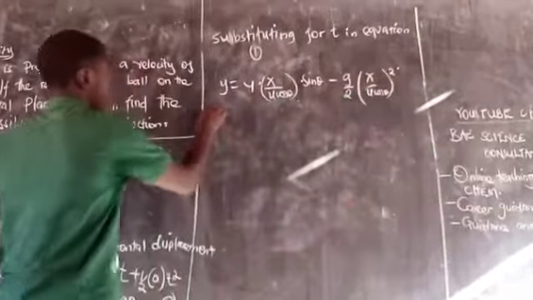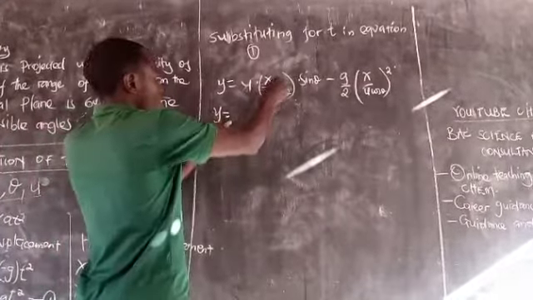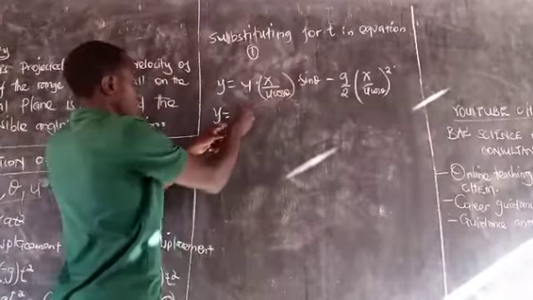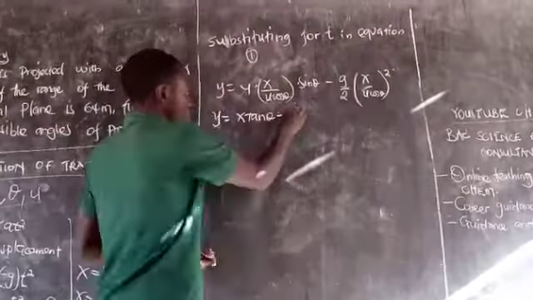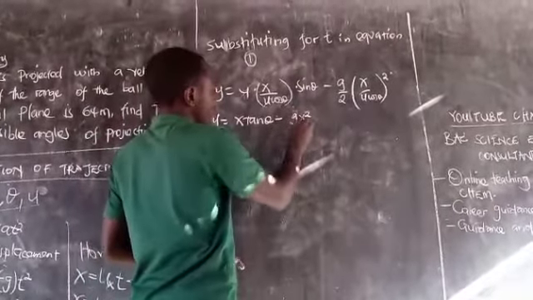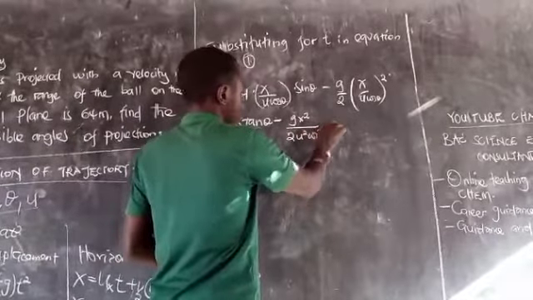And this gives you y equals x tan theta, since u cancels with u and sine over cos becomes tan, minus g x squared over 2u squared cos squared theta.